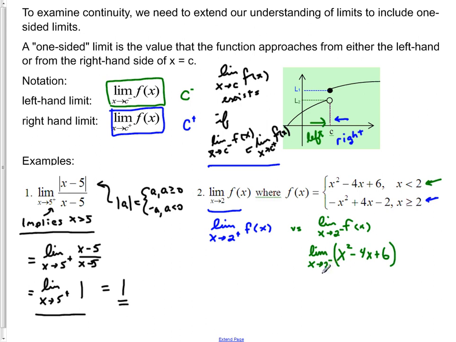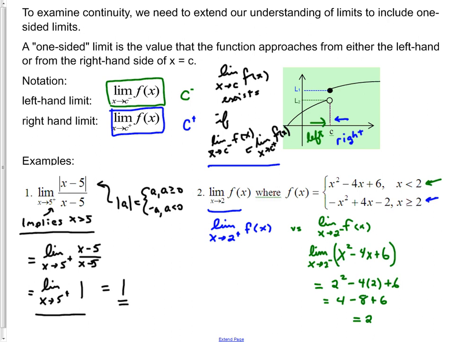We're only evaluating it from the left-hand side, but that's okay, because by substitution we would find that this is defined: 2 squared minus 4 times 2 plus 6, and working that out, that's 4 minus 8 plus 6. 4 minus 8 is negative 4, plus 6 gives us positive 2.